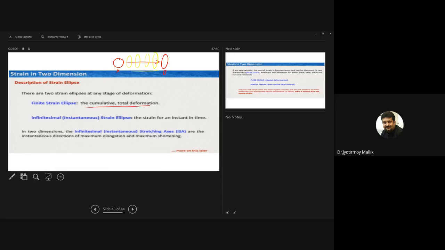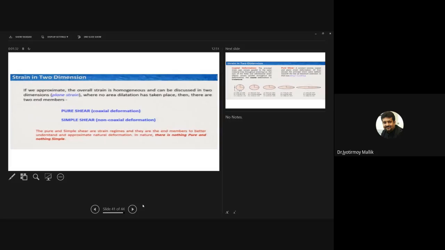That is what we call infinitesimal strain ellipse. Okay. This is the finite strain ellipse if I just consider the final and the cumulative or the total deformation, and infinitesimal, that means I'm interested in any of the in-between stages. Okay. We'll discuss this later on.